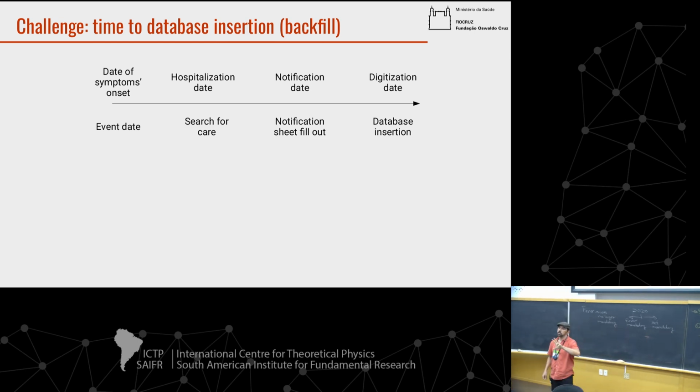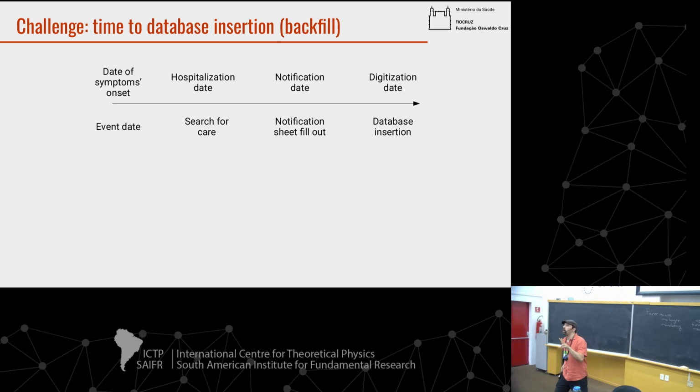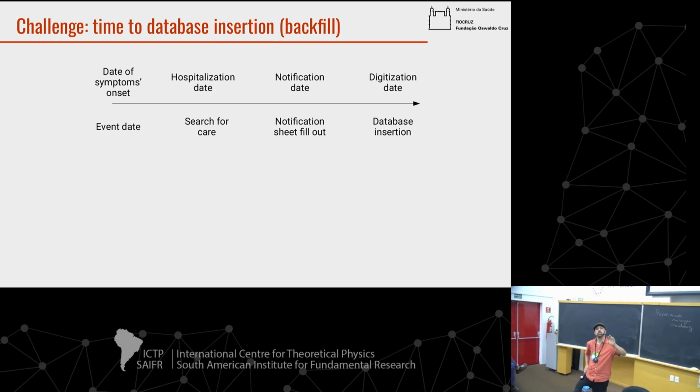And usually, this might involve two steps. One is filling out the local form, be it digital, be it on paper, okay? But this is a local form. And then there is the second step, and this we call notification date. The notification date is the date when the case is notified somewhere, usually the notification sheet, okay?